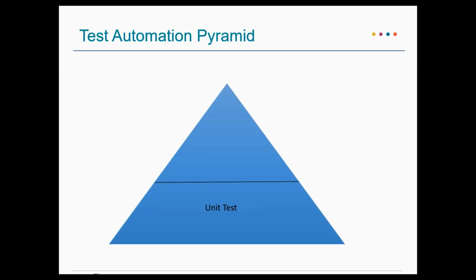It's not depending on the numbers, but on how many behaviors or scenarios can be validated or verified at the unit test level. So we should try to write unit test cases as much as possible, keeping those behaviors and scenarios in mind.